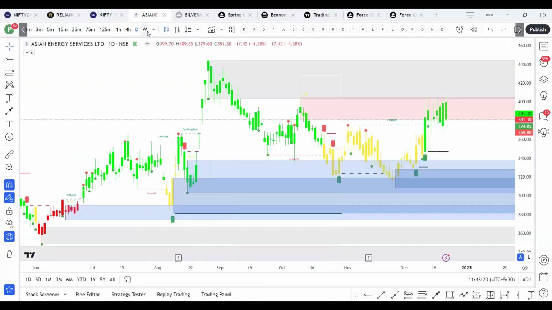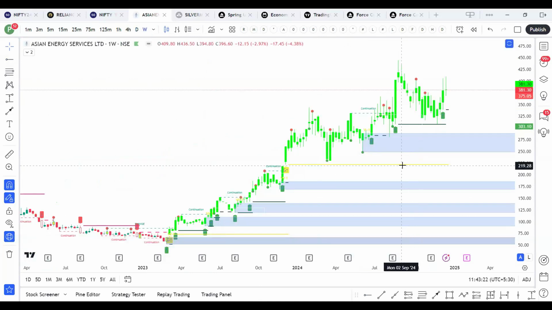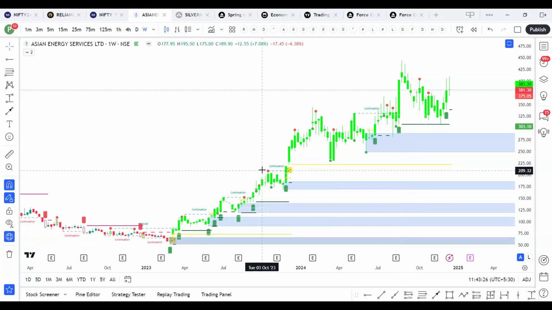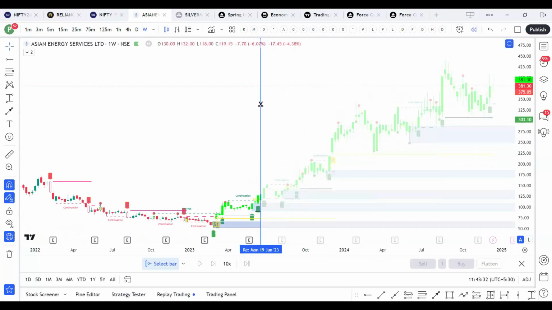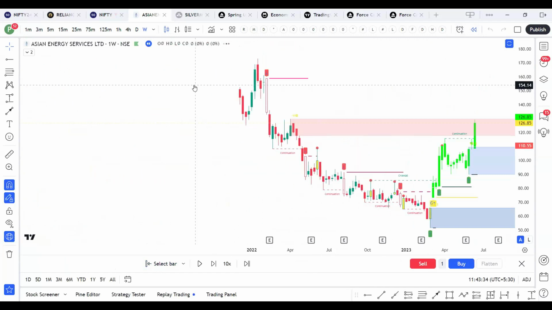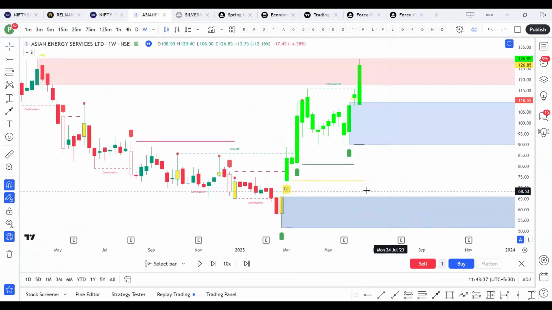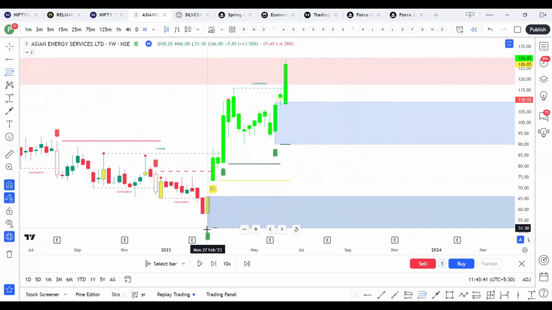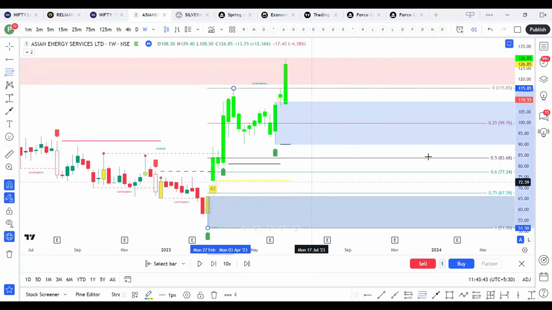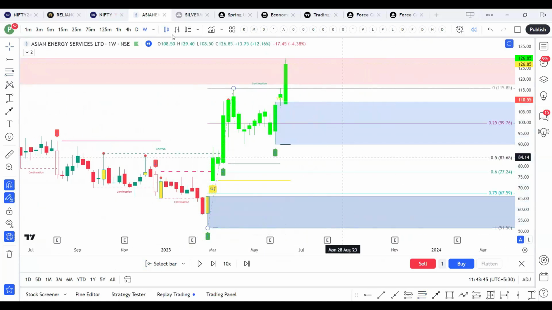Let us see some other chart also. So this is the Asian Energy chart. It created a bullish change from here. It has not come into the 50% retracement area.